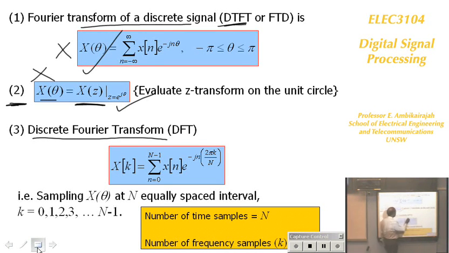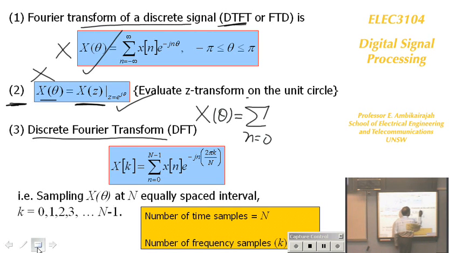which, you go back to your x theta, which is equal to what? Sigma n equal to 0 to n minus 1, that's for the sequence xn, times e to the power minus j n theta. Now, how am I going to get x theta from here?